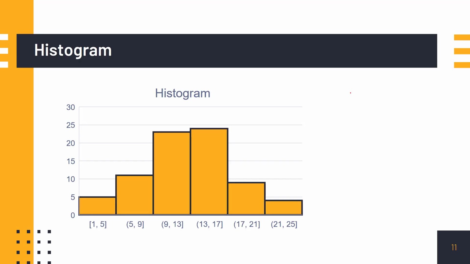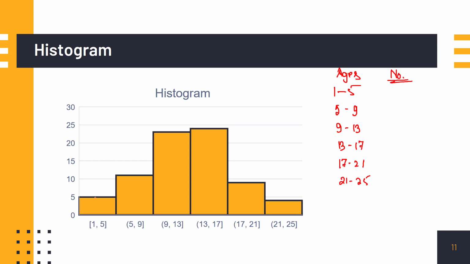So suppose you have certain data which has class groups of 1 to 5, 5 to 9, 9 to 13, 13 to 17, 17 to 21, 21 to 25, right? Let's say these are ages. These are different ages: 1 to 5, from 1 year to 5 years, 5 years to 9 years, 9 years to 13 years, 21 to 25 years, right? And these are numbers, or frequencies.